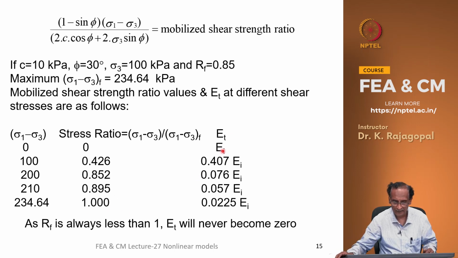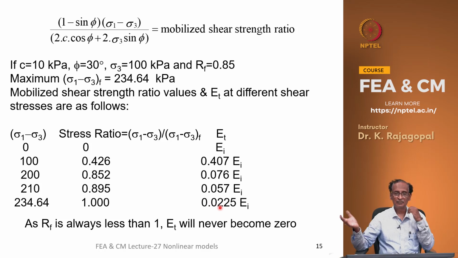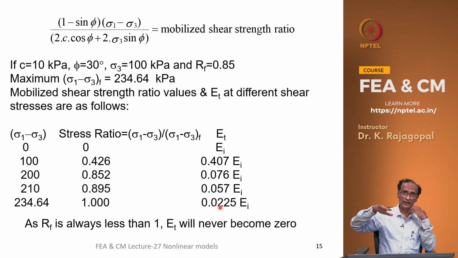And if you look at the tangent Young's modulus at 100, it falls down to 0.4 times Ei, and at the limit state, the E tangent is only 2% of the initial modulus. So, in a way we are able to represent failure.